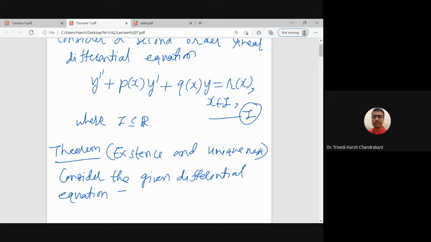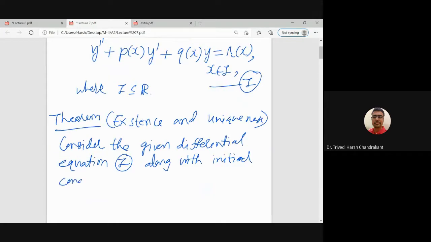Equation 1 along with initial conditions. So the first condition is y of x naught is equal to y naught, or we can say this is some fixed number.